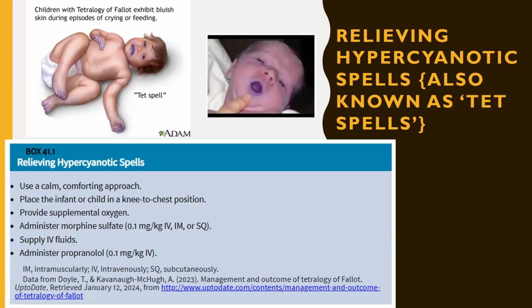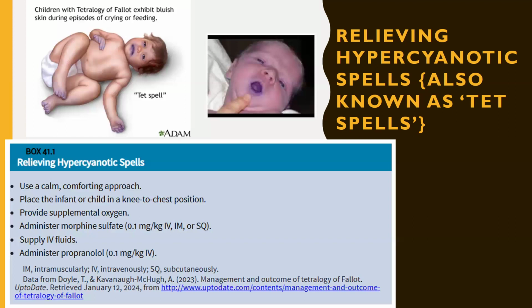Then you can provide supplemental oxygen if needed. If we need to go any further and we have an order for it, or we can call to get an order for it, we can administer morphine sulfate as ordered. We could start an IV and provide IV fluids, and we could even administer propranolol if it's ordered.